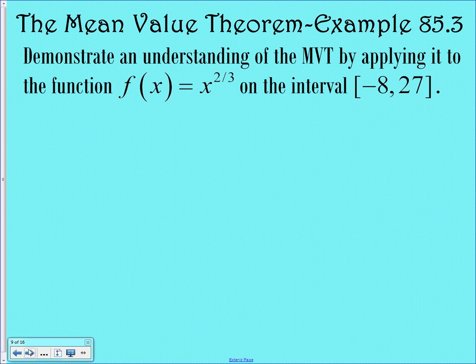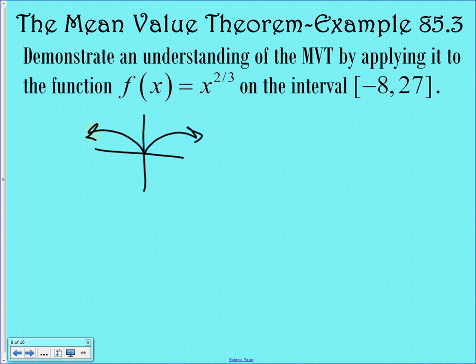Looking at the next one. Demonstrate an understanding of the mean value theorem by applying it to this function on the interval -8 to 27. So we start by looking at the graph of it. X to the 2/3 looks something like that. It is a continuous function.